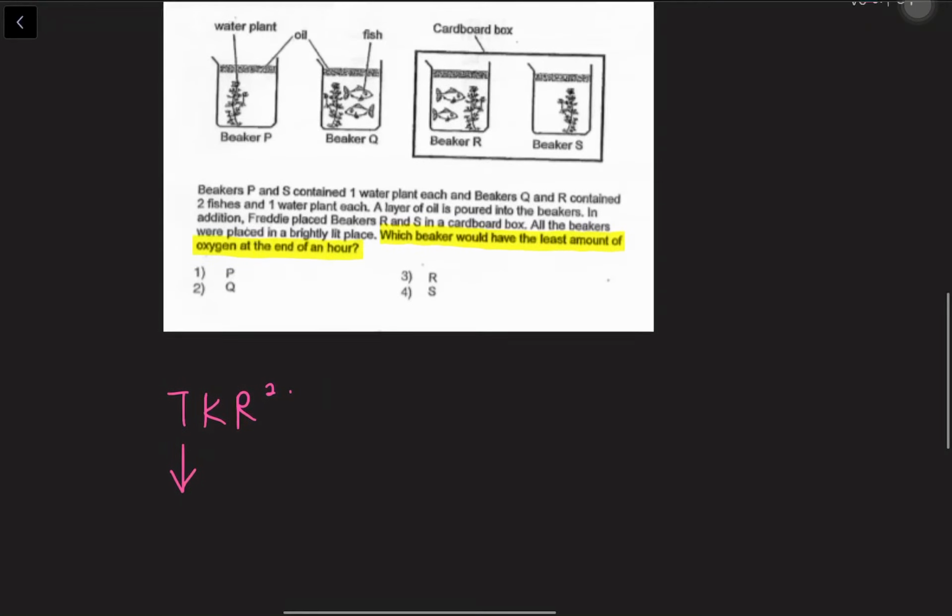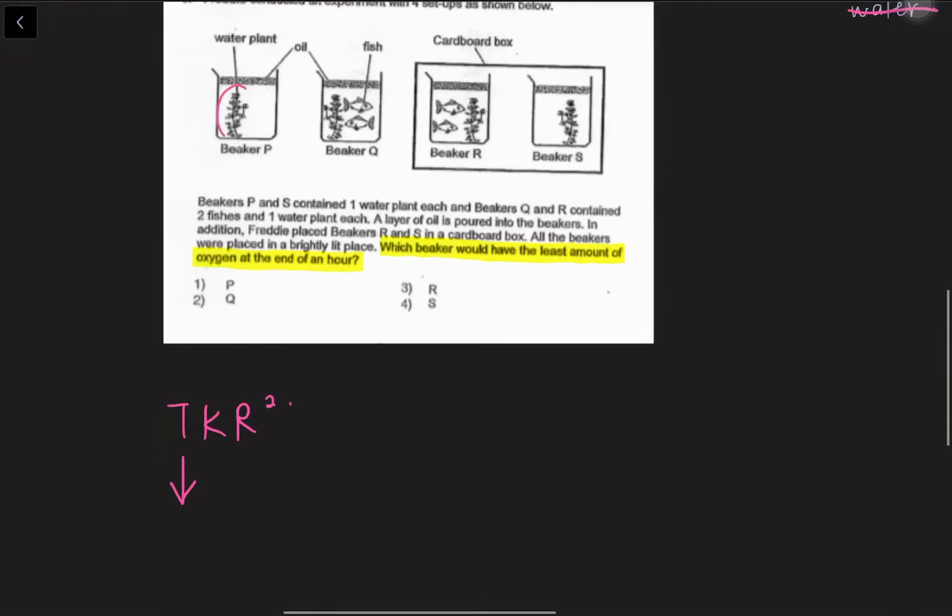So this word oxygen, and then we see plants here, and then we see fishes here, and then we see a layer of oil, and then we have light. So we need to understand this experiment over here. We need to understand that many processes are happening here. So the topic is asking us about what do plants, so we draw relationships here, plants and light. We have our photosynthesis.